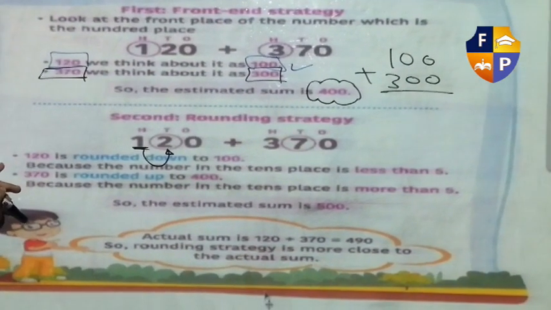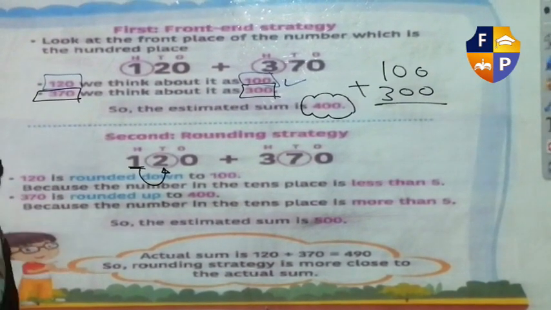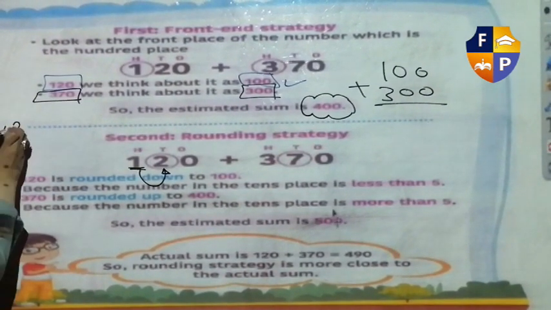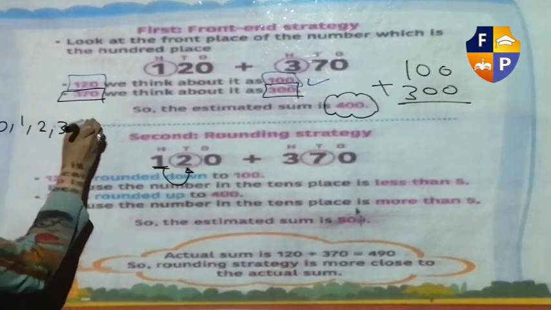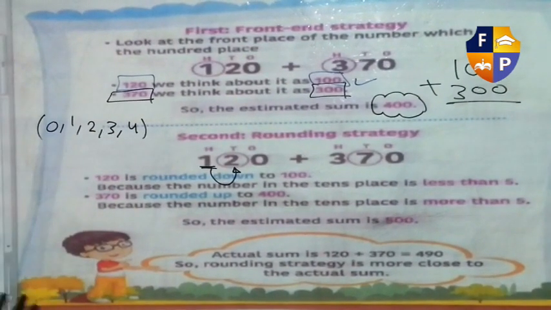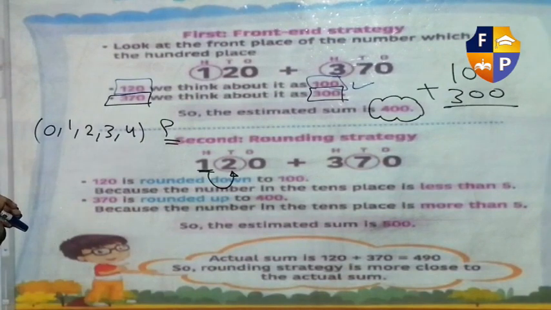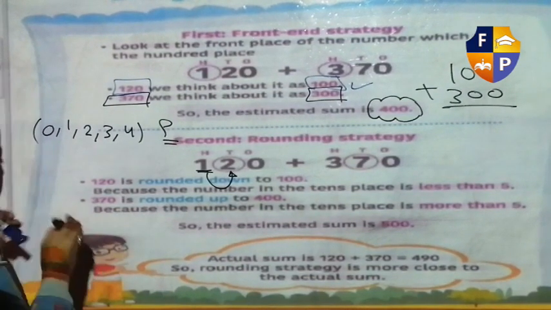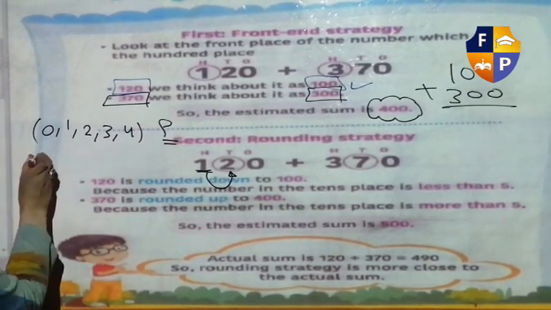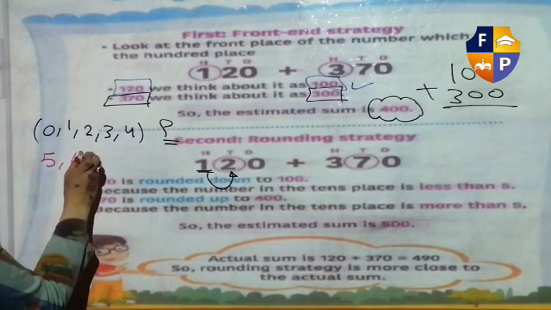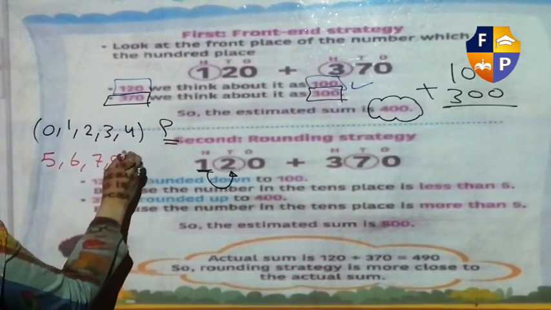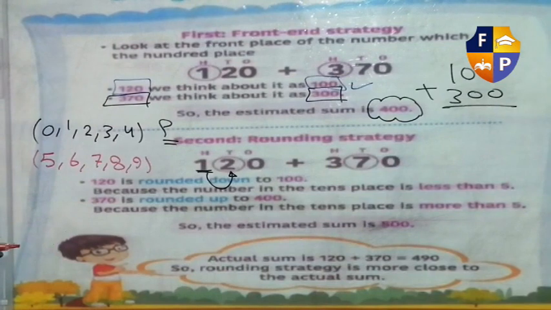As we said before, the numbers which have 0, 1, 2, 3, 4 would round down. And the numbers which have 5, 6, 7, 8 or 9 would round up.